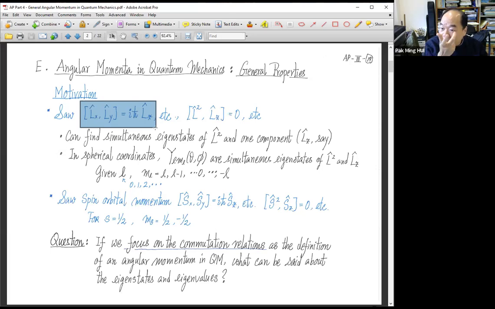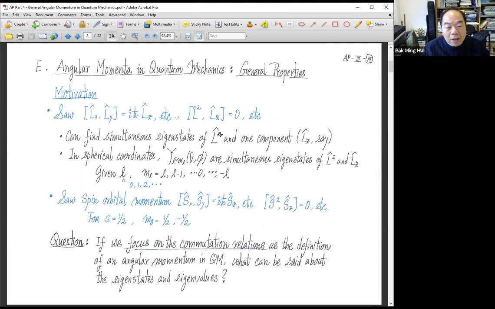You can cyclically rotate these indices: x, y, then the other side is z; or y, z, the other side is x; z, x, the other side is y, okay? So there are three of them. And then you also saw this commutation relation of L squared commuting with each component. I just write down the Lz here, but it also works for Lx and Ly. There are 6 commutation relations here, all right?